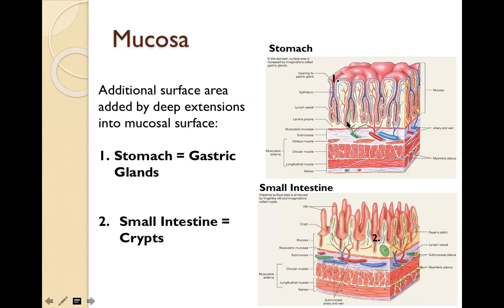I didn't want to call them crypts because they're called crypts in the small intestine. There are these deep valleys called crypts, and these further increase the surface area. The deeper the folds are, the more surface area you get, and the more compact your structure can be, while at the same time maintaining a high level of surface area for digestive processes.